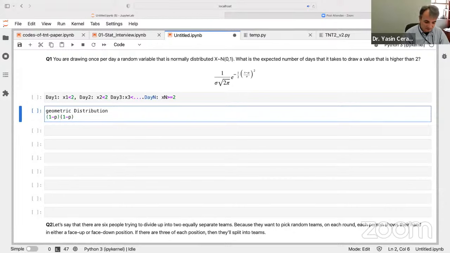Let me put a comma in between, right? And 1 minus p, until you get to a point where you got the success. P is the probability of success, okay, 1 minus p is the probability of failure. So you failed and failed and failed, and then finally you got the success. So how many tries does it take for you to get to the success, right?